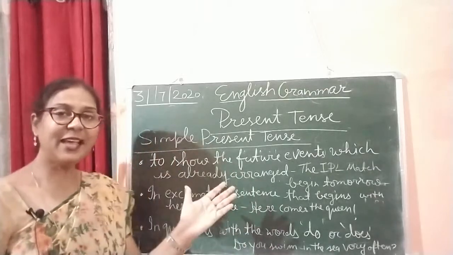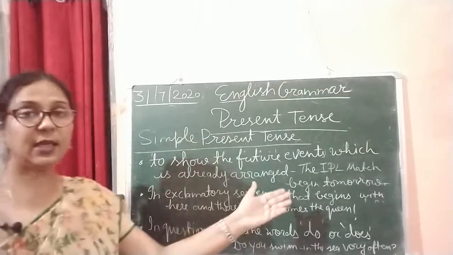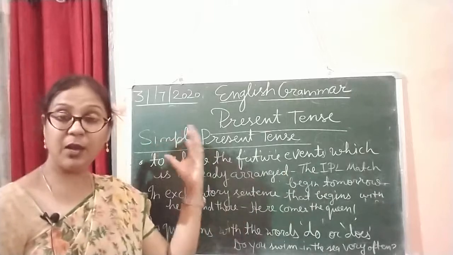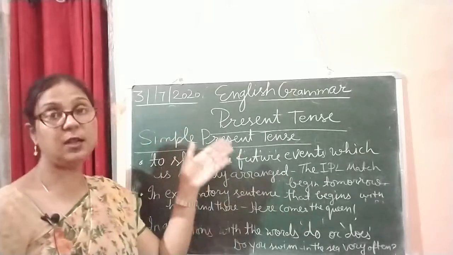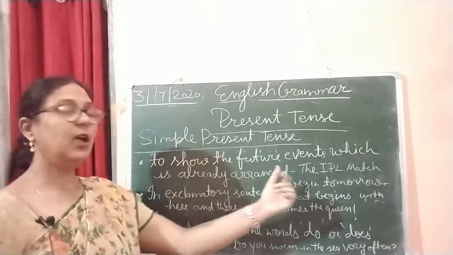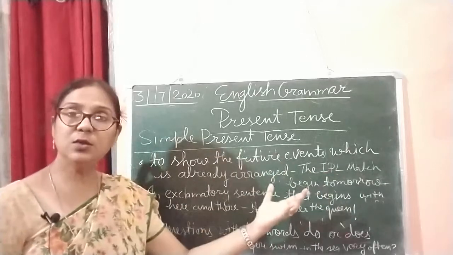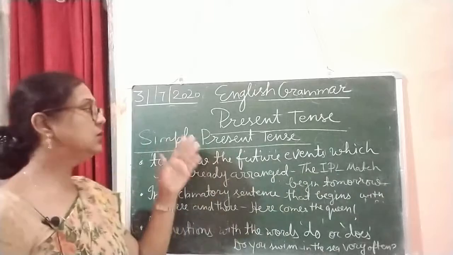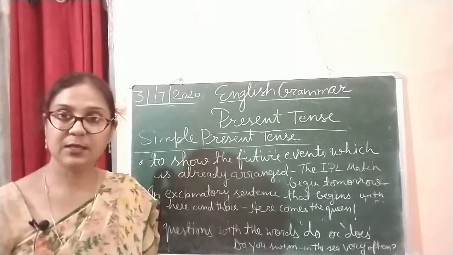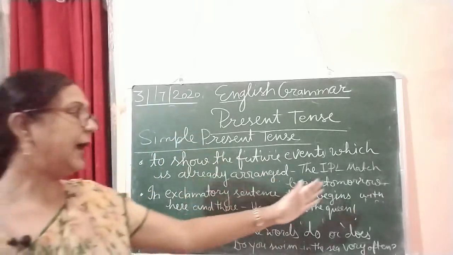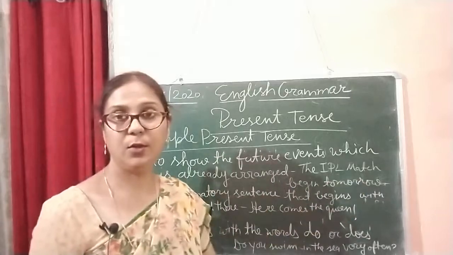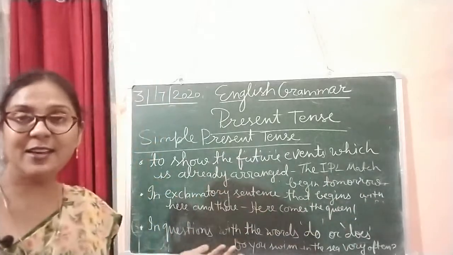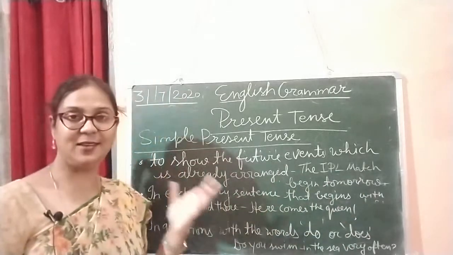So this expectation, or you can say we are very sure that it will be done, is also shown in this way: we are going to use simple present tense. So here you can see, the IPL match begins tomorrow. So it is considered a simple present tense.